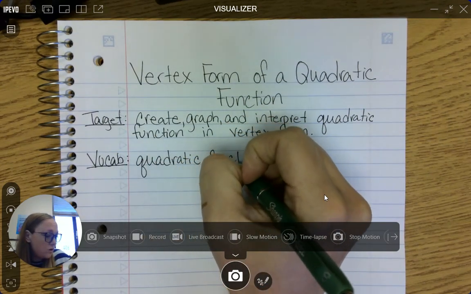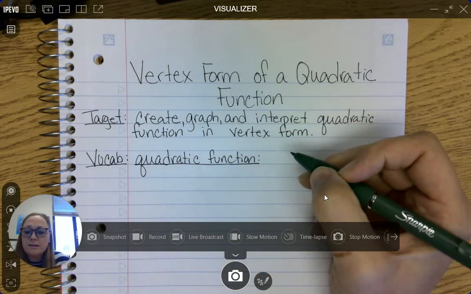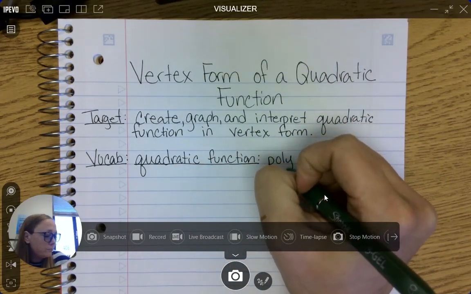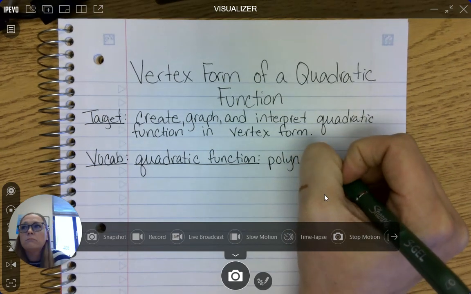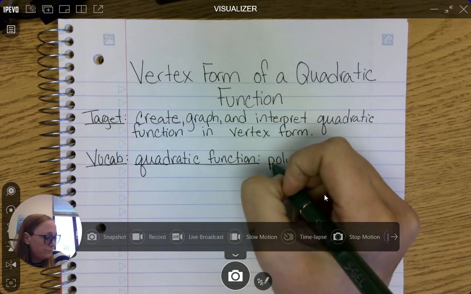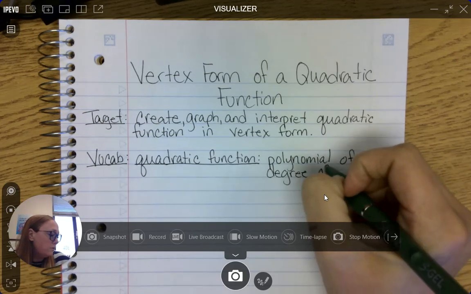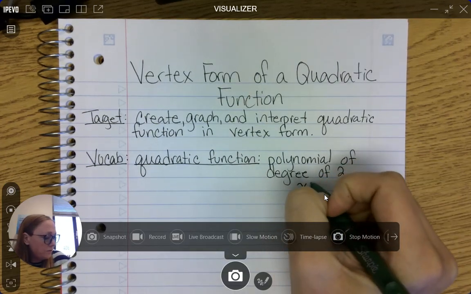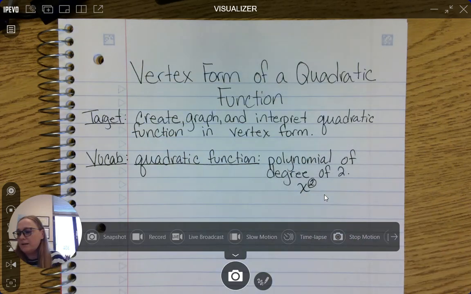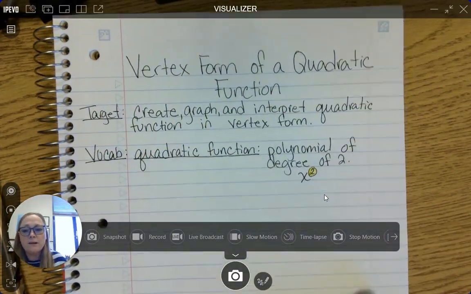Quadratic is just a fancy word that says a polynomial of a degree of 2. Well, what does that mean, right? It just means that our highest exponent is a 2. So we're going to hear a lot of us say x squared this year when we're working with quadratics. That's all that means.